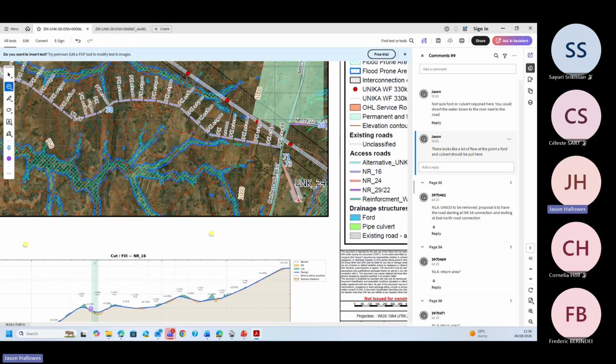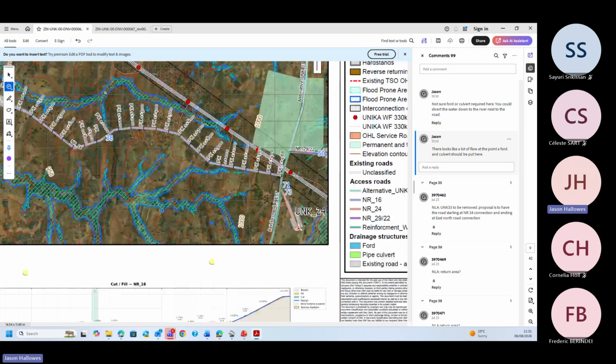But here's a good example. Again, there is a depression here and there is some water that is flowing off, but in actual fact, this water on the south is going south down towards the river here, and the north is going off towards the river there.